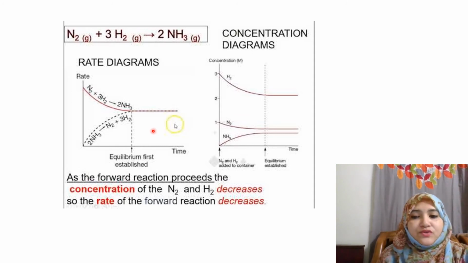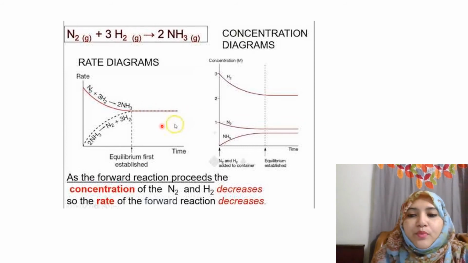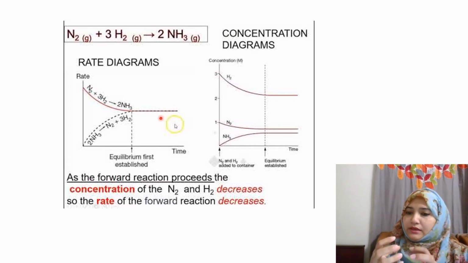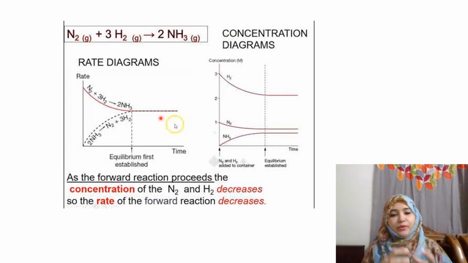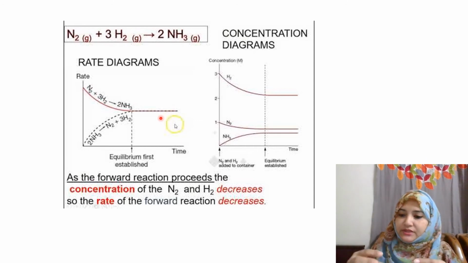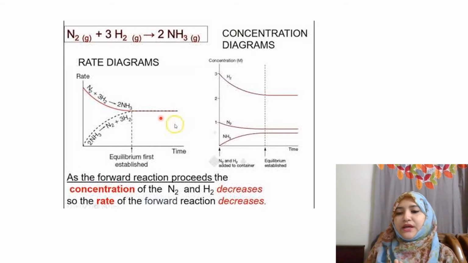At this equilibrium point, ammonia molecules keep decomposing into nitrogen and hydrogen at the same speed.